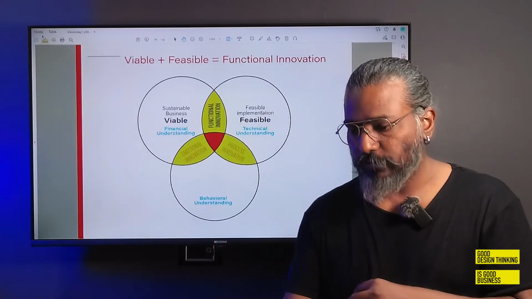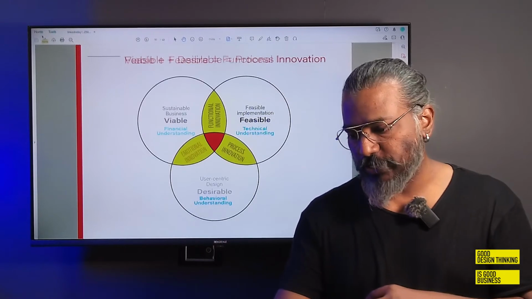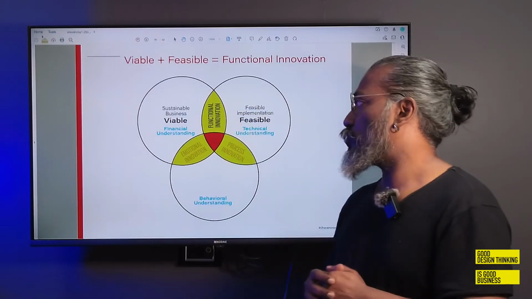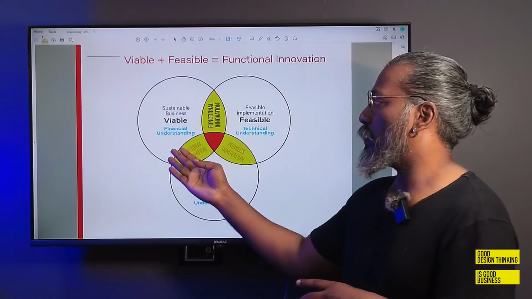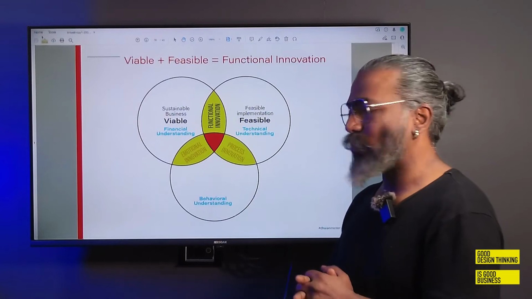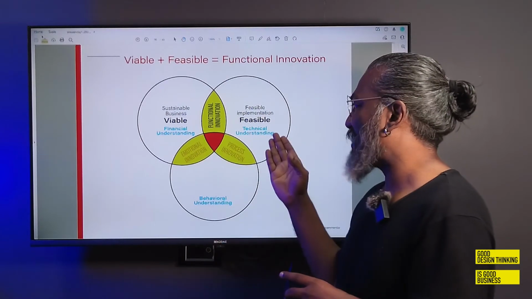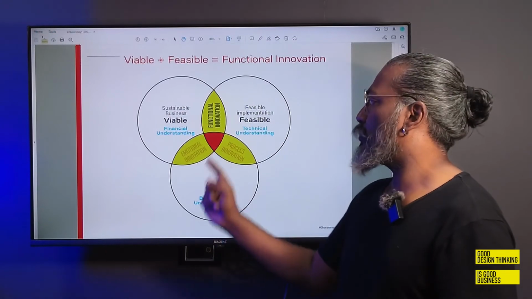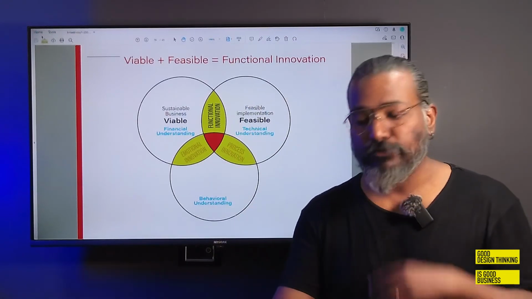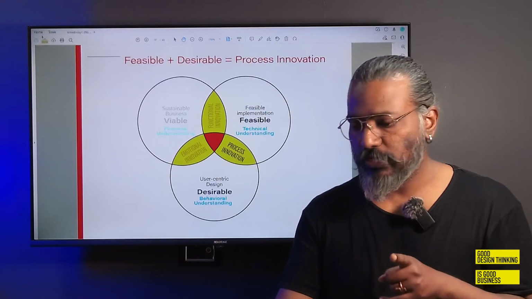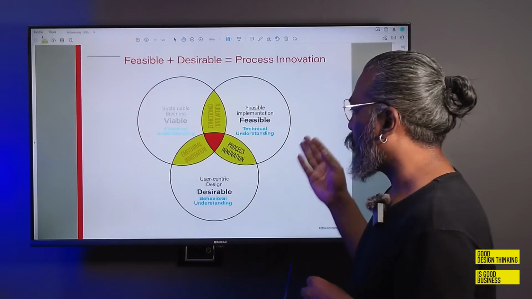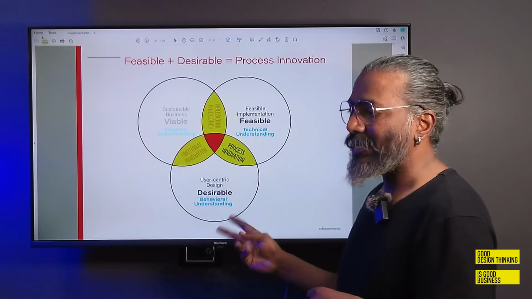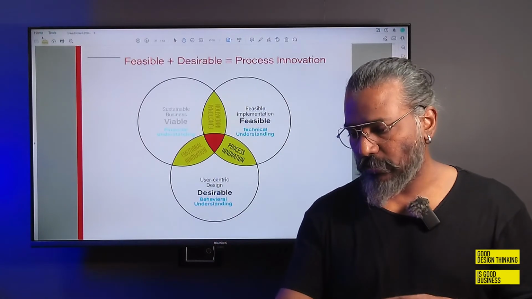Let's go further. As I was saying earlier, to come up with functional innovation, of course, your business viability, which is financial understanding, and technical feasibility, the combination of these helps you come up with functional innovations. Process innovation involves technology or technical feasibility and understanding human needs.